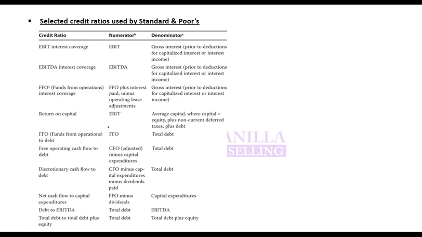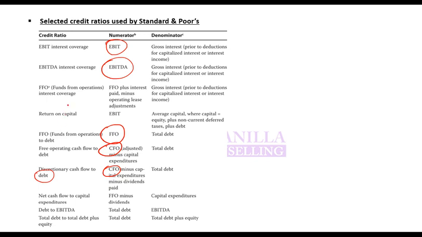I don't think that you need to memorize all of these. As long as you have an idea about it, you should be able to do it. You should know what they are focused on. If you look into it, they are focused more on EBIT, EBITDA. Why? Because these are proxies for cash flows. They are focused on FFO, CFO. They are focused on debt.